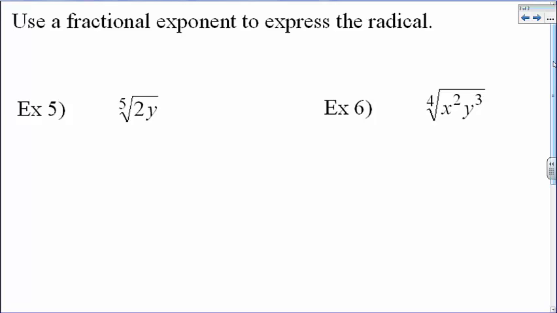In examples 5 and 6, we need to reverse the process and rewrite the radical as a fractional exponent expression. In 5, we notice that 2y is under the radical. If we consider this our base, we can say it is raised to the first power and rewrite it as such.